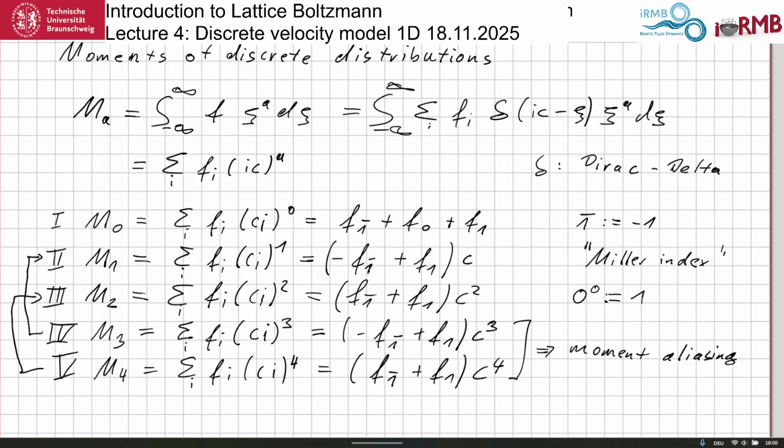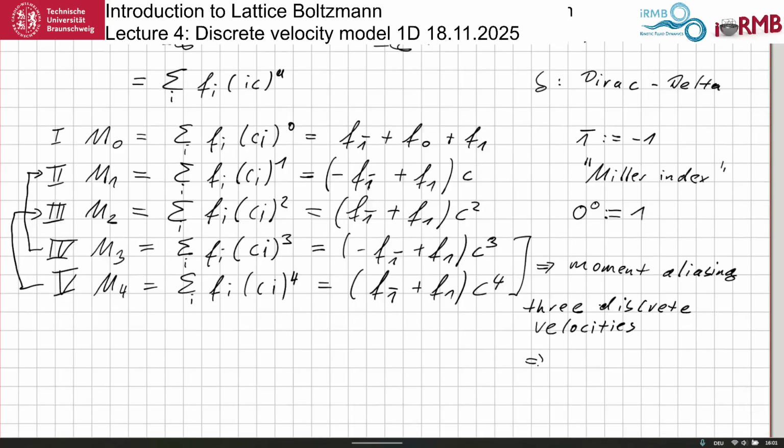I always ask the students whether they prefer me to say aliasing or aliasing. I don't know, but I say aliasing. The reason, of course, is that we have 3 discrete velocities, and 3 discrete velocities mean 3 independent moments.